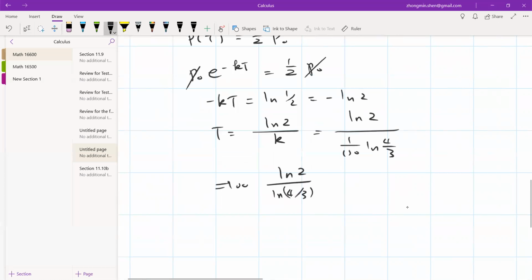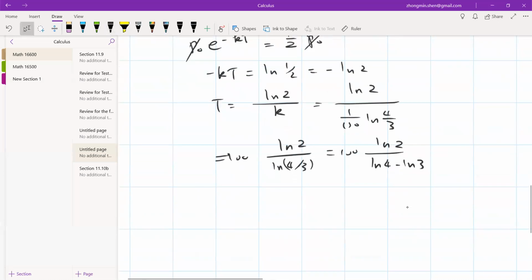That's it. If you had a calculator, you could estimate this number, but you are not allowed to use a calculator, so that's the exact value. Now you have the half-life and you have k.